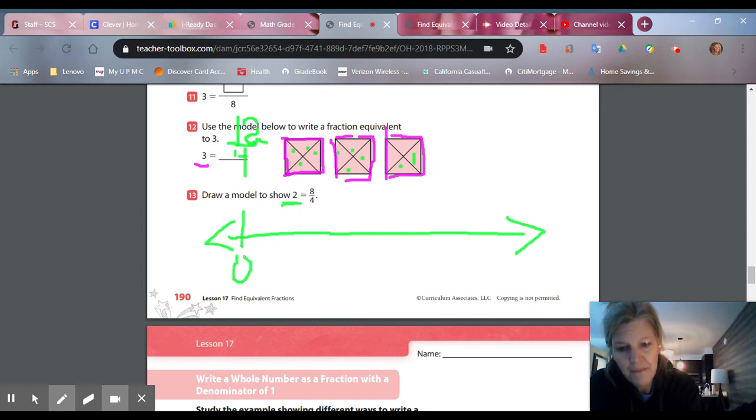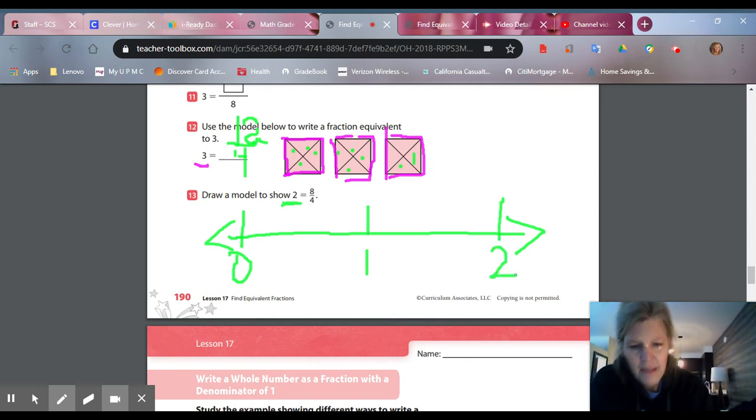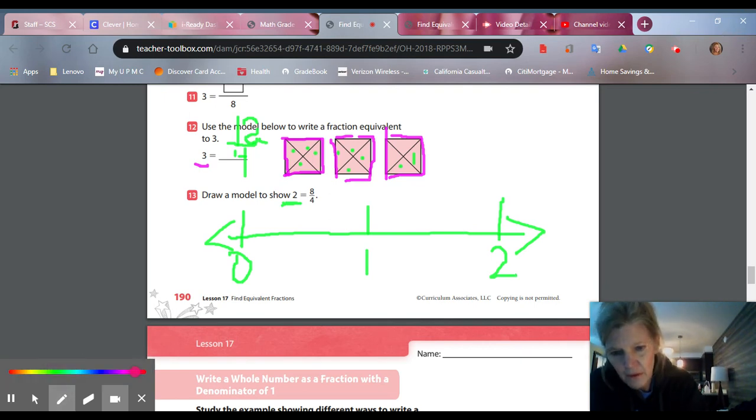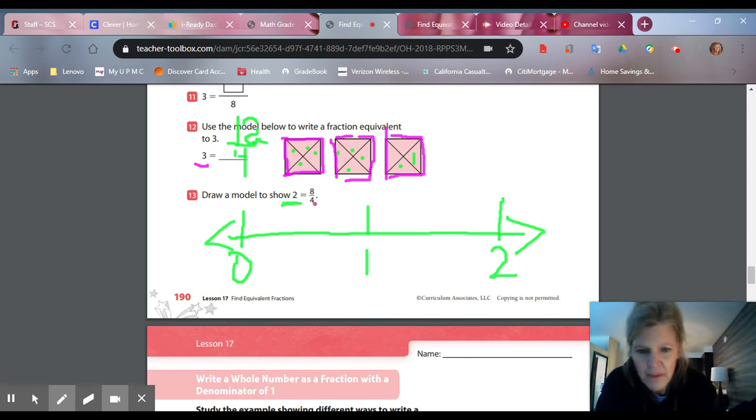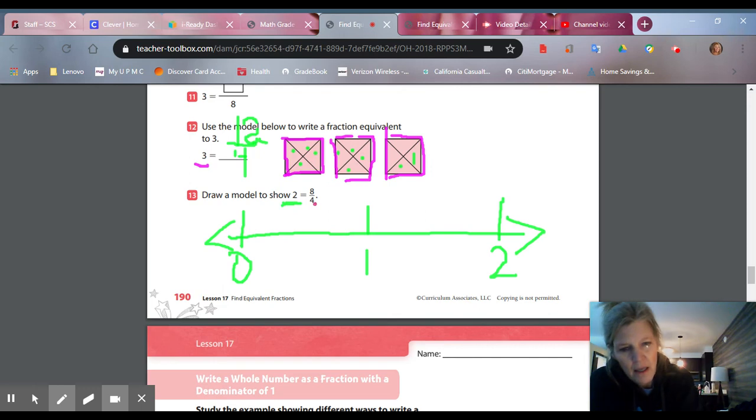So 0. I want you to show 1, 2. And I also want you to show 8 fourths. I want you to show fourths. So each whole needs to be divided into 4 equal parts. 1, 2, 3, 4 equal parts.